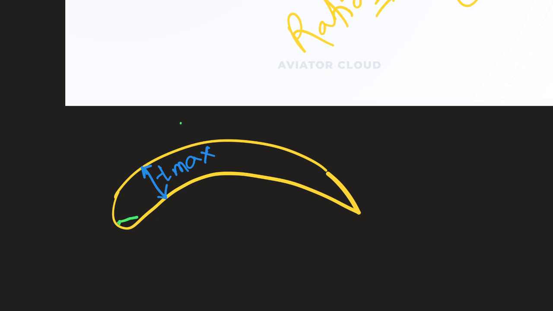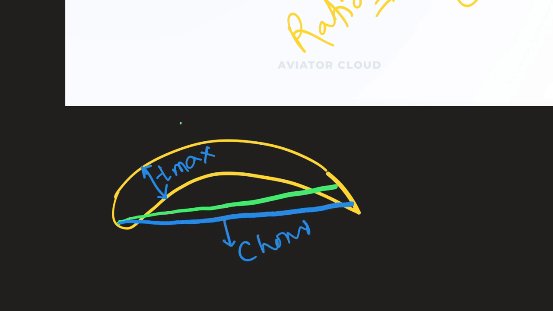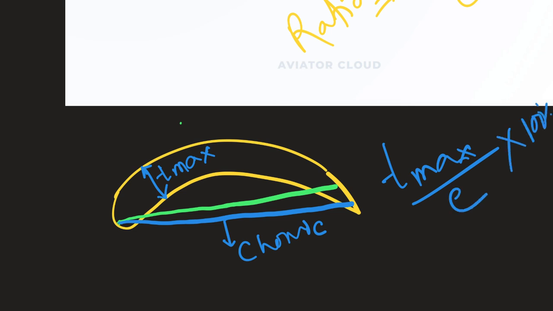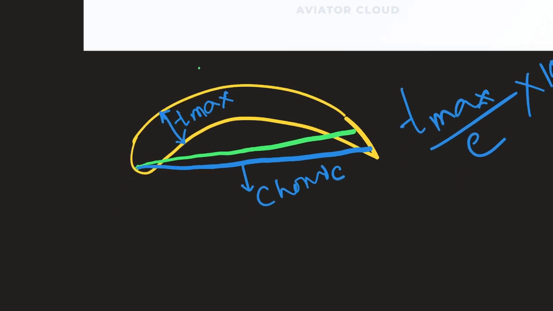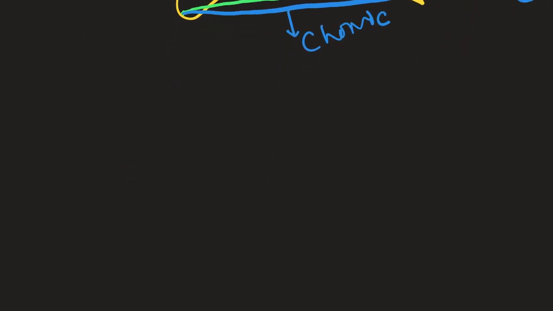Actually I have made the wing very curved, so let's say this one. So this is the chord, this is the chord C. So the ratio will be T max divided by C into percentage. This is not required, but I am giving an example for better understanding.